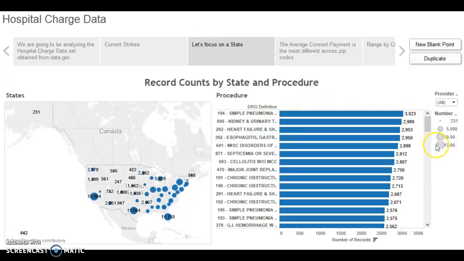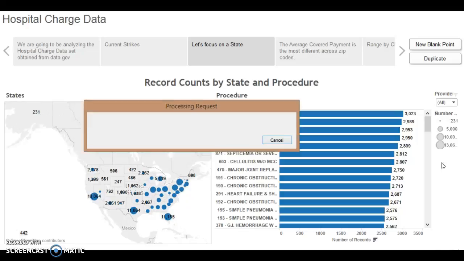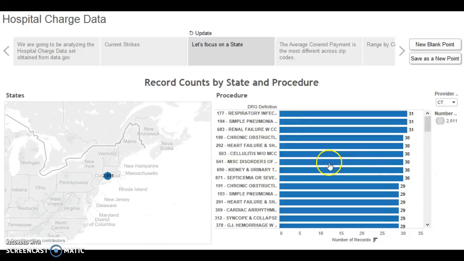But what I really wanted to do was focus on something, and I thought it would be a good idea to focus on Connecticut because that's where our university is from. So if we look at what Connecticut looks like, Connecticut has 2011 records.